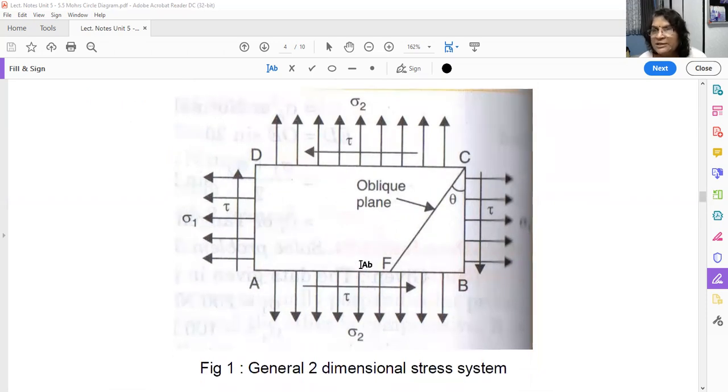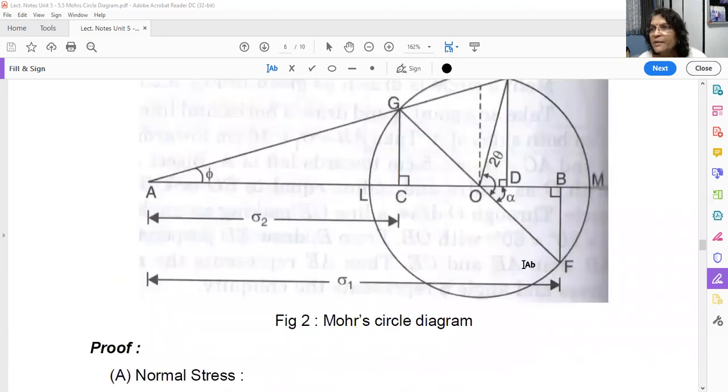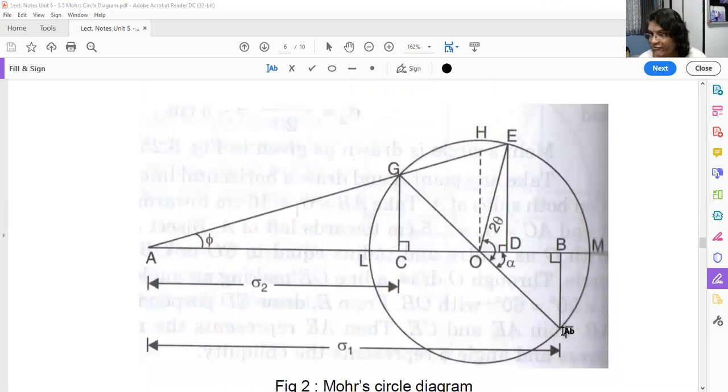So sigma 1 and tau will be represented by point F, and sigma 2 and tau will be represented by G. What are the coordinates of F? Sigma 1, tau. What are the coordinates of G? Sigma 2, tau. So points F and G represent the stresses acting on the two faces, BC and AB.